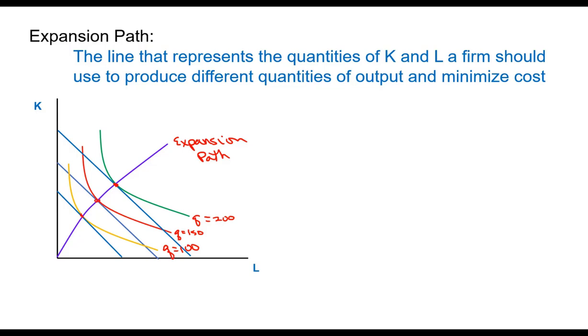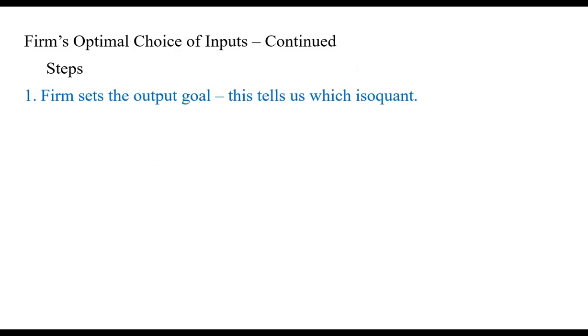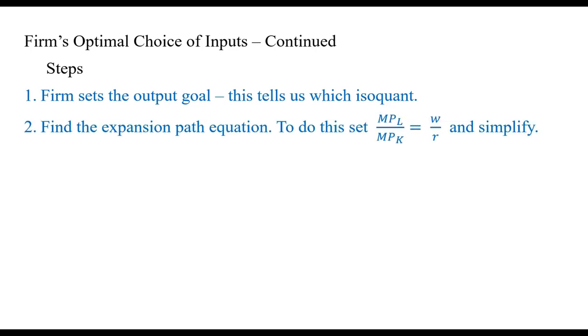Now, if we were to actually work through a problem like this, we would follow this set of steps. The firm sets the output goal. That tells us which isoquant the firm is on. We would then find the expansion path equation, the equation of that purple line that we had there. To do that, we would set the slope of the isoquant equal to the slope of the isocost curve, and then we would simplify.